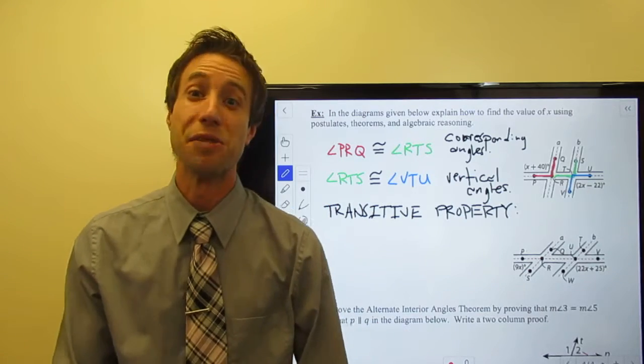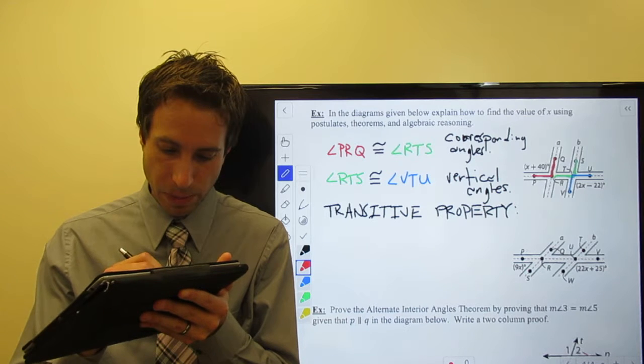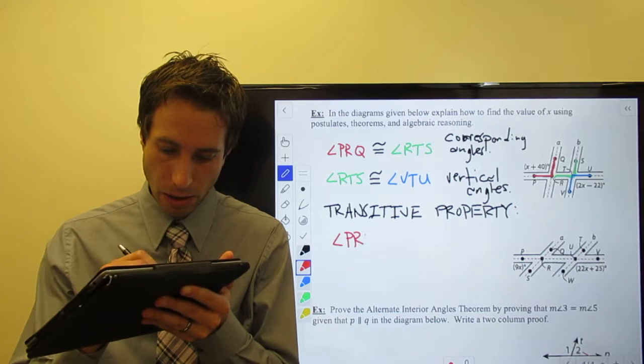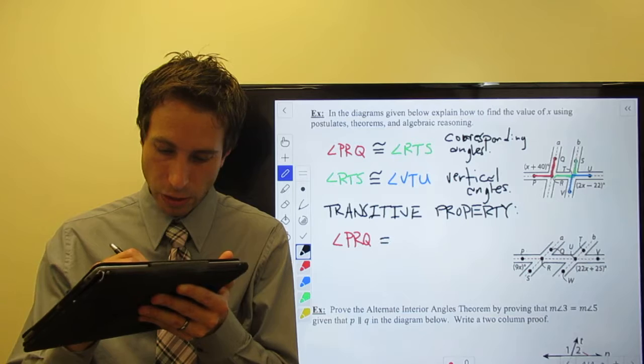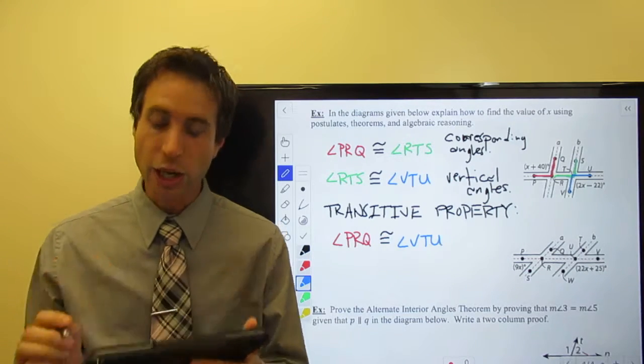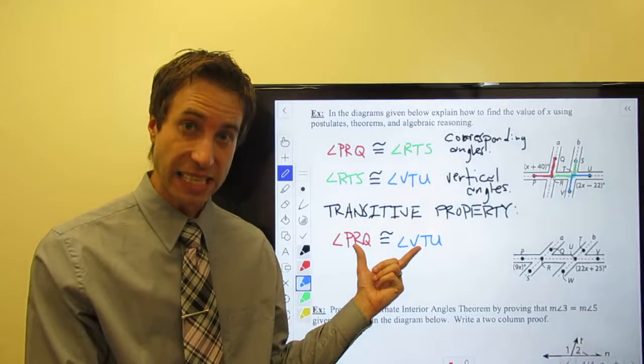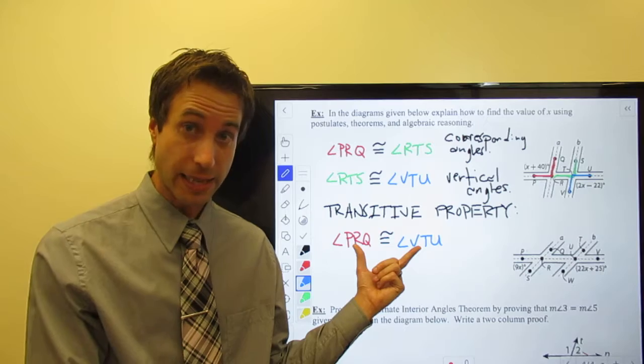Transitive property says they must be congruent. So thanks to the transitive property, angle PRQ is congruent to angle VTU. Now what that means is I can set them equal to each other.